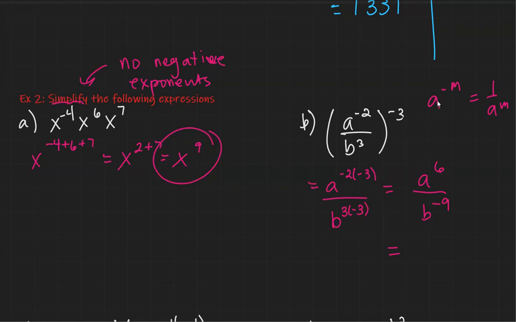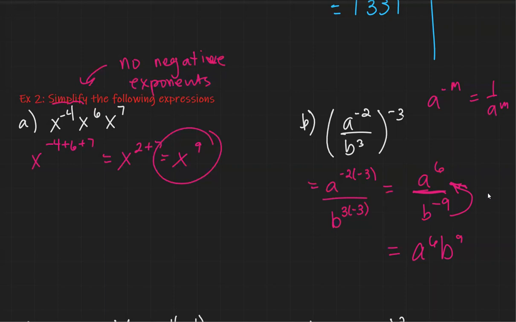All we have to do is get rid of the negative and flip. Same thing here. All we do is get rid of the negative and flip. Technically, this has already been flipped, so I just trade places to the numerator. So this is equal to a to the 6 times b to the +9.